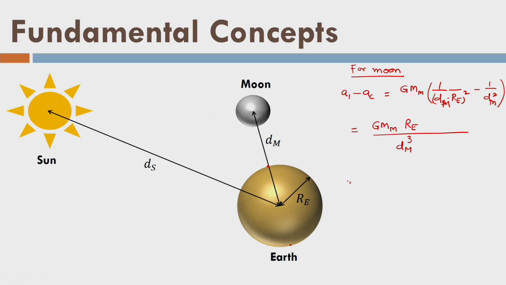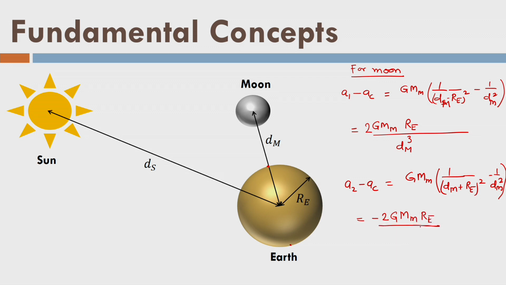At the same time, if you take A2 minus AC for the moon only, again you can write GMm times 1 upon (dm plus RE) whole square minus 1 upon dm square. So here we will get minus 2 times GMm RE divided by dm cube.